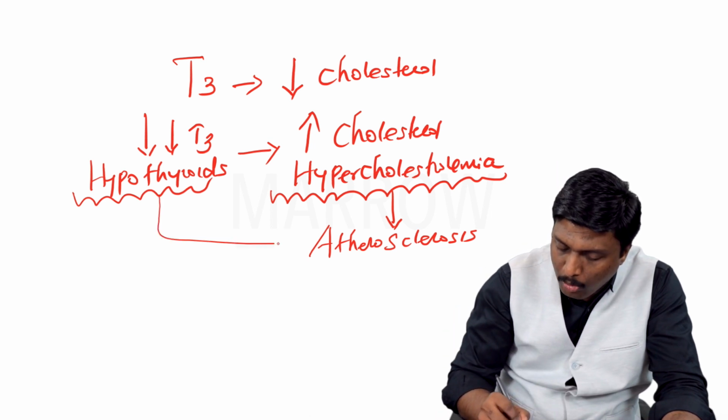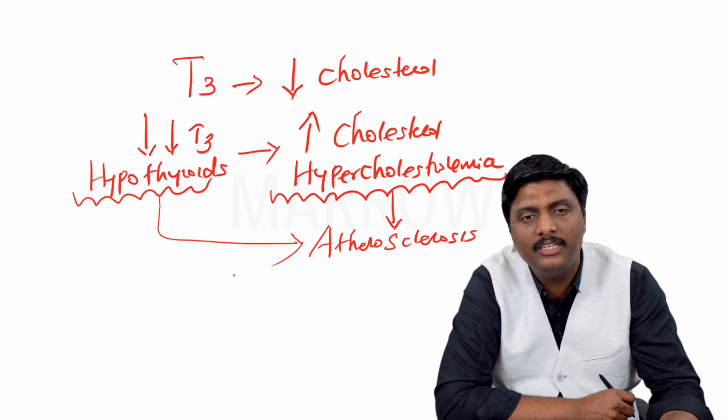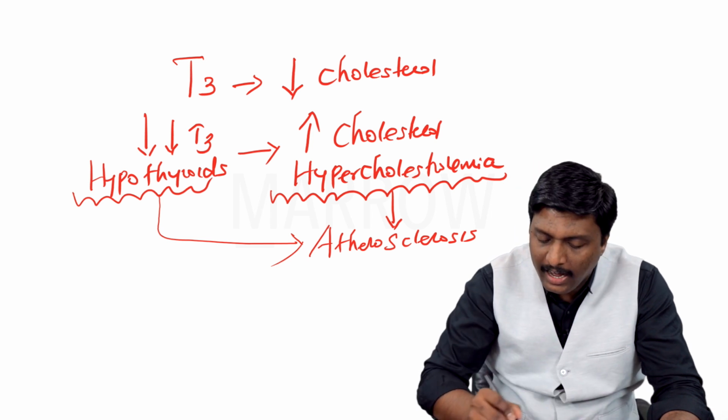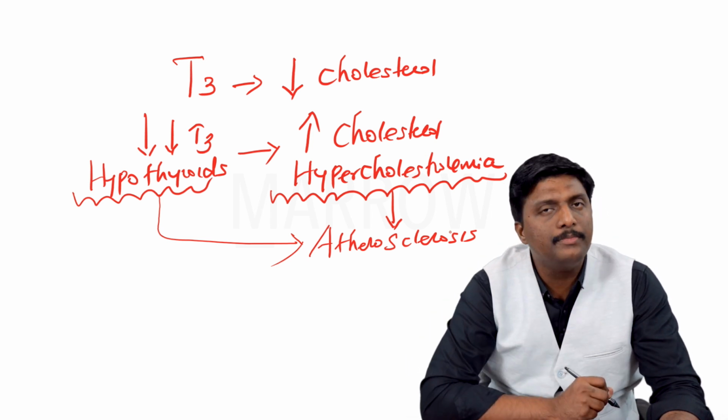Hypothyroid patients are more prone to atherosclerosis for this reason. Hypothyroid, hypercholesterolemia, atherosclerosis. Simple logic. Thyroid hormone causes catabolism. It destroys everything. It decreases blood cholesterol levels. These are the metabolic functions.